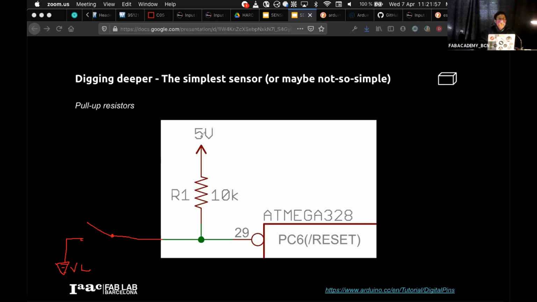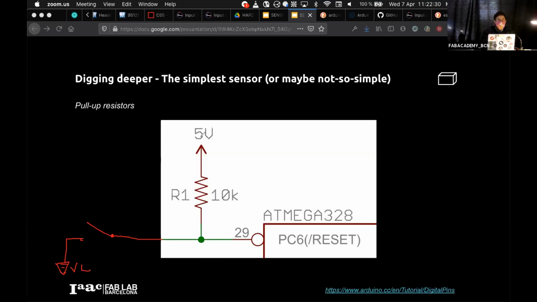In general, you are able to use pull-ups or pull-downs, depending on what your device is on the other side. Don't take this for granted, though; we'll see networking and other communication protocols where you cannot interchange them. They say you have to use pull-up resistors on the data lines, for instance, which means I have to put a pull-up, yes or yes. And the value of the pull-up will depend.